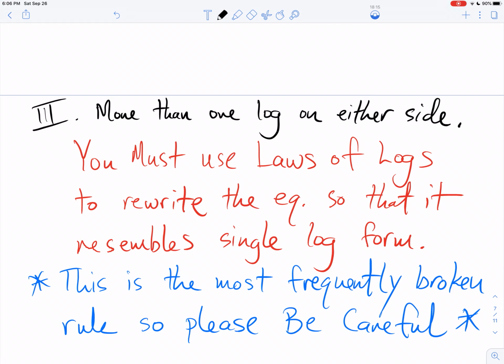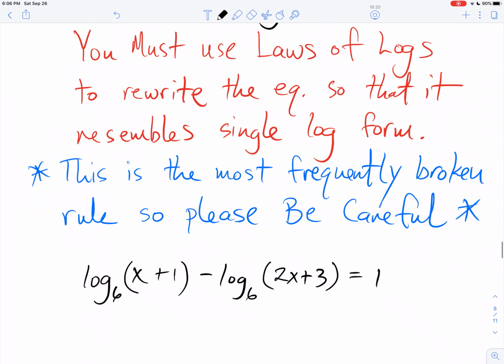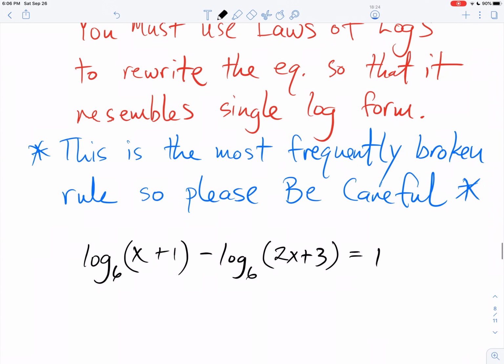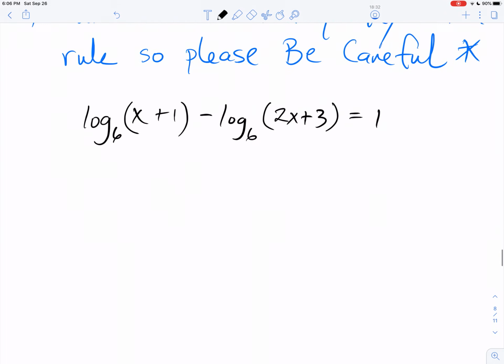Let me show you what I mean by more than one log on either side. Here's my first example that I'm going to walk you through. There are log base 6. There's 2 of them on the left. There's none of them on the right. Let me show you how to do that.